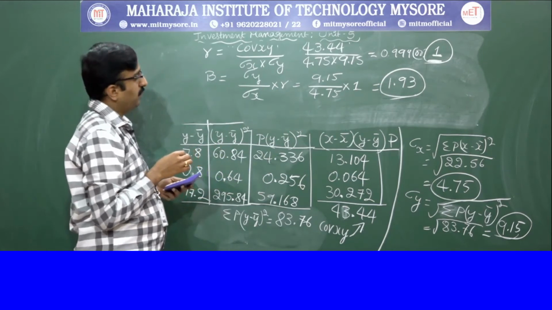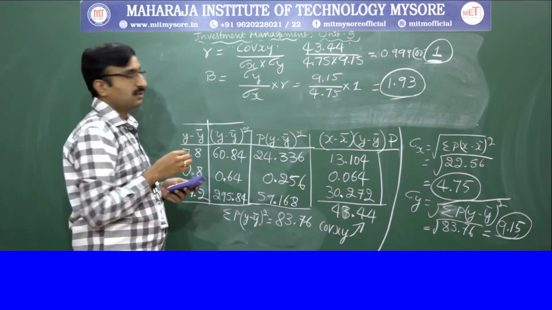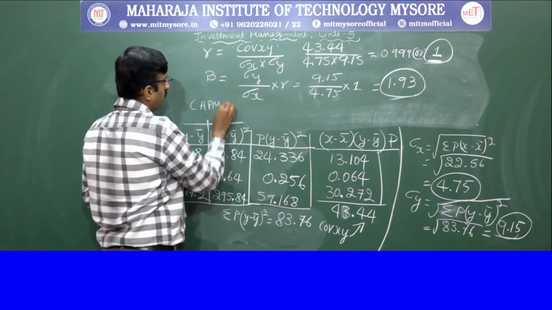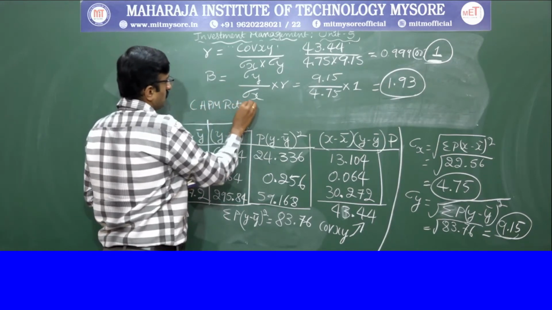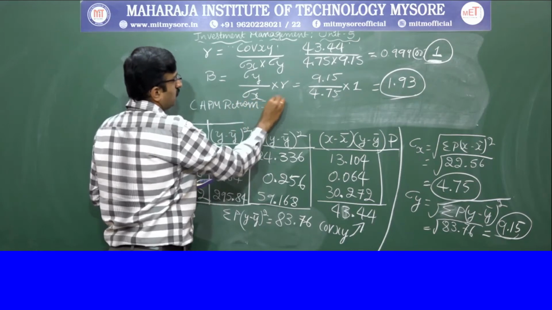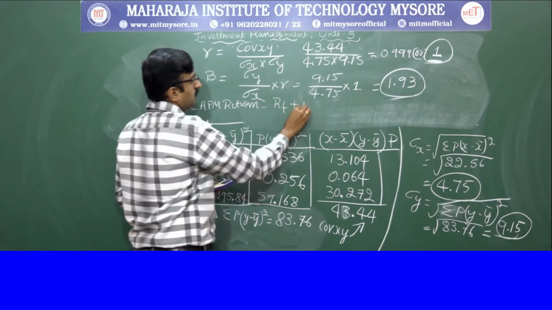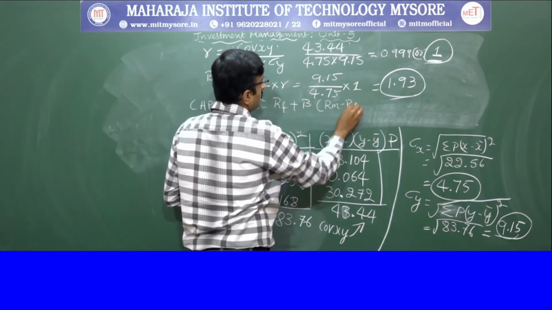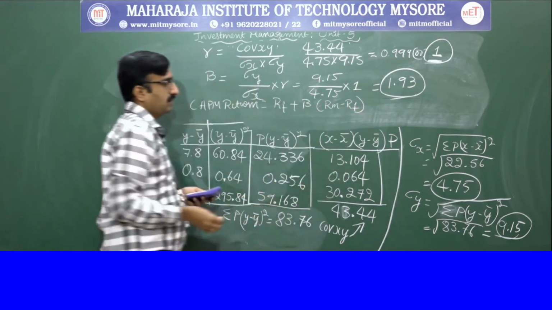Then apply the formula of CAPM return, that is equal to RF plus beta into RM minus RF.